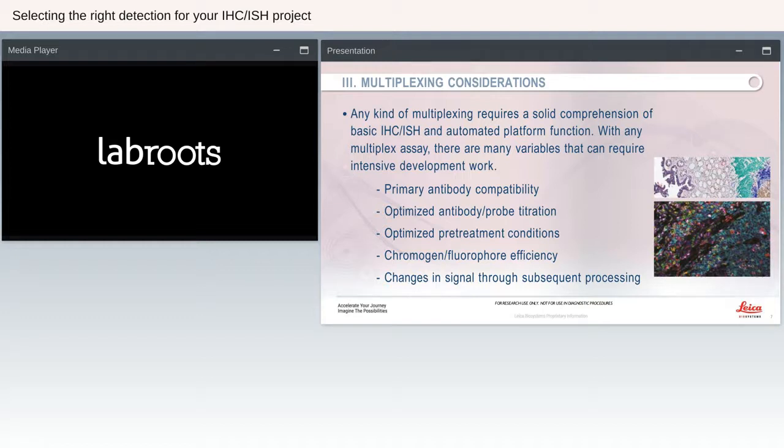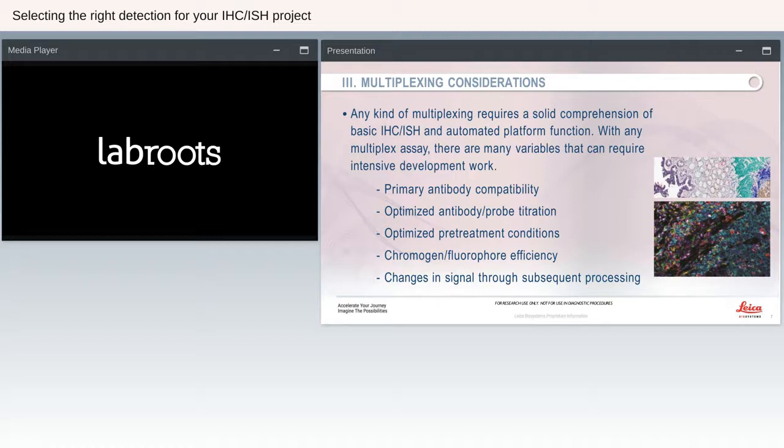With any multiplex assay, there are many variables that can require intensive development work. Tissue-based multiplexing assays can be as complicated as they look here. You look at this and it's a little boggling to the eye, and it can be just as complicated to try to get a beautiful outcome like this. There are many variables to consider, so it's important to start with those fundamentals.